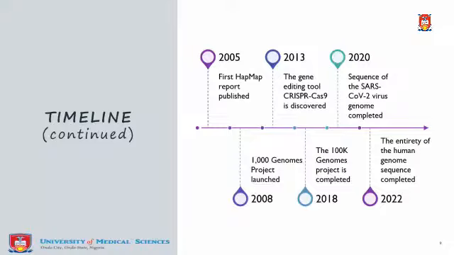And then afterwards, we had something called the first HapMap report. In fact, they came to Nigeria and used the Yoruba population. That project is so important today. Why is it important? When we type different genes, we're able to compare with this HapMap project and see what the minor allelic frequencies are.